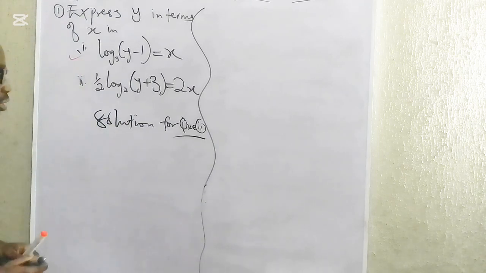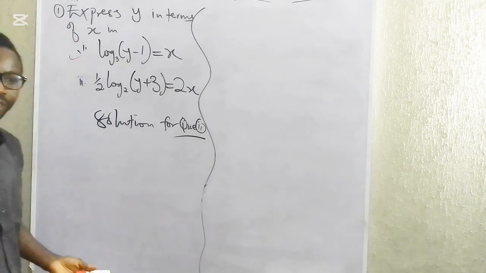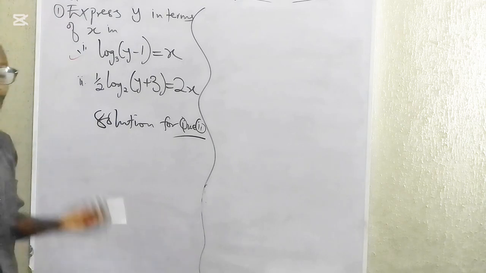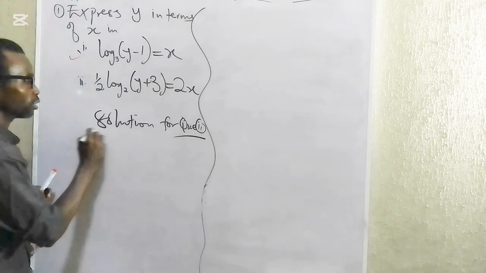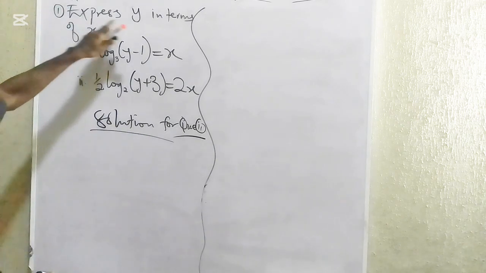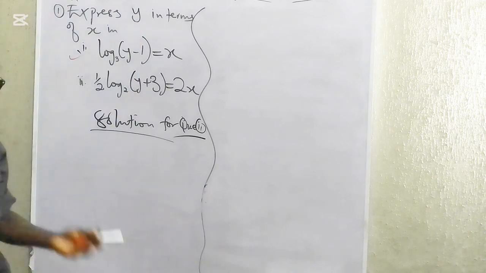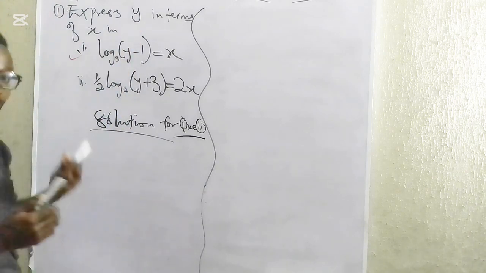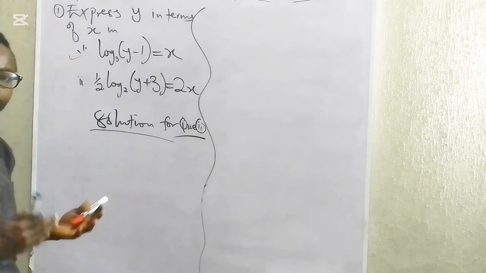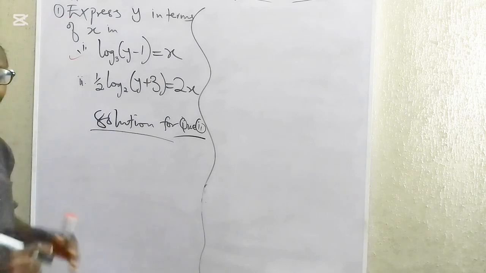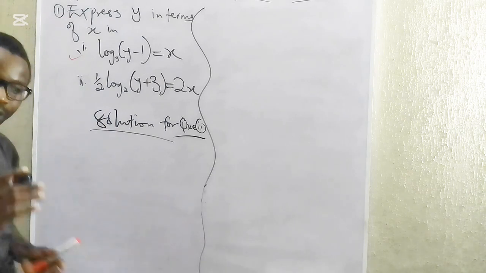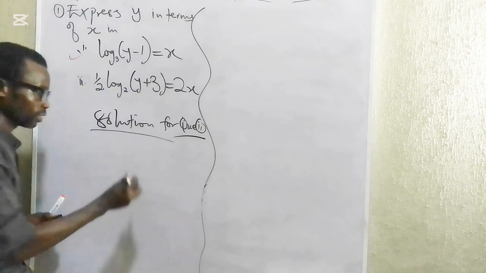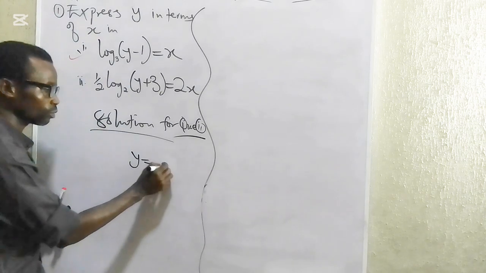The process is not going to be anything much different. Now remember, when you're told to express y or any alphabet in terms of another, it is saying make this one the subject of the formula. You apply various mathematical principles and laws until you have this. In this case, that's y equals to.